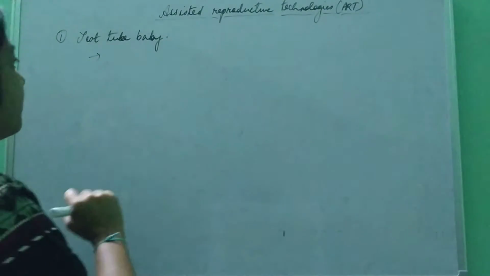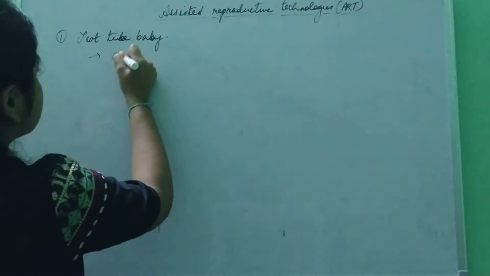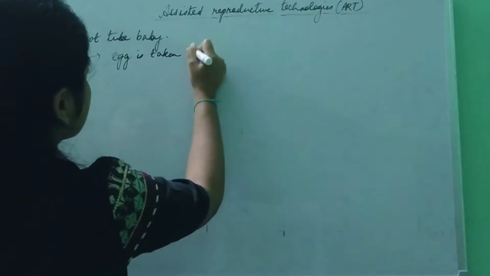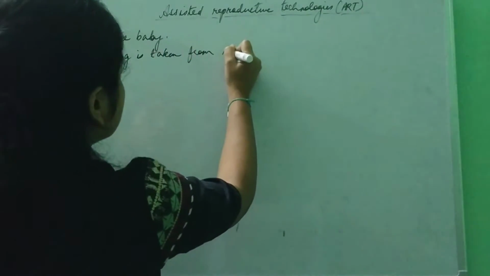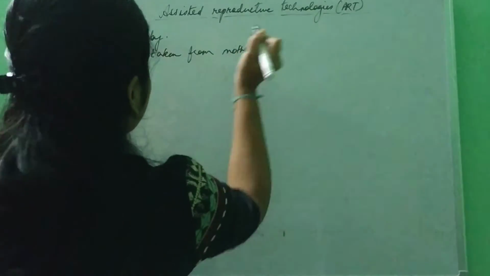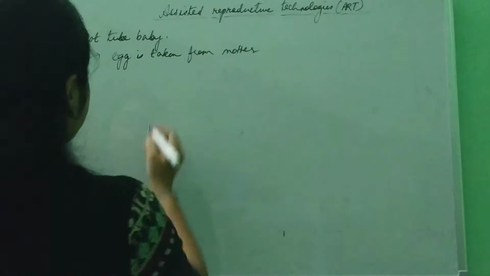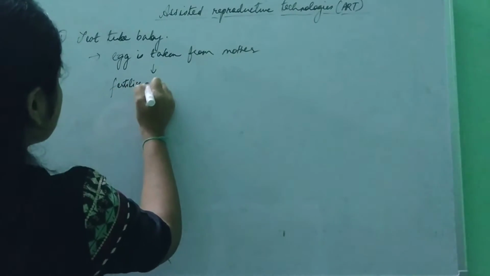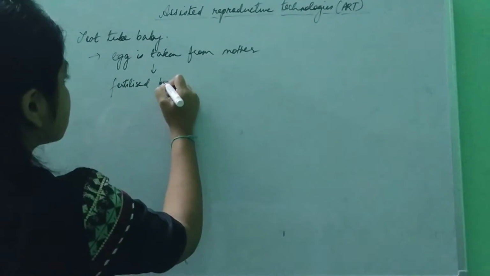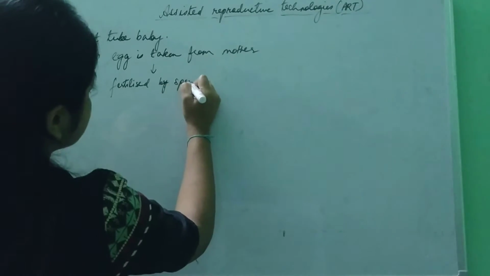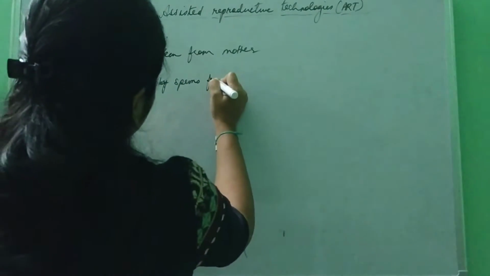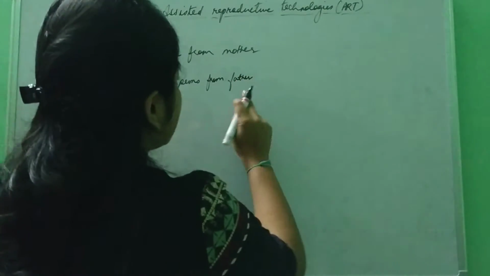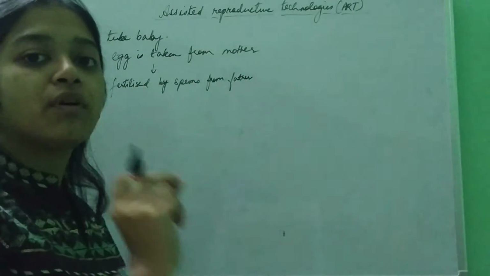For this method, the egg is taken from the female or the mother. It is fertilized by sperms from the father. It can be from the father or it can be from a donor also.